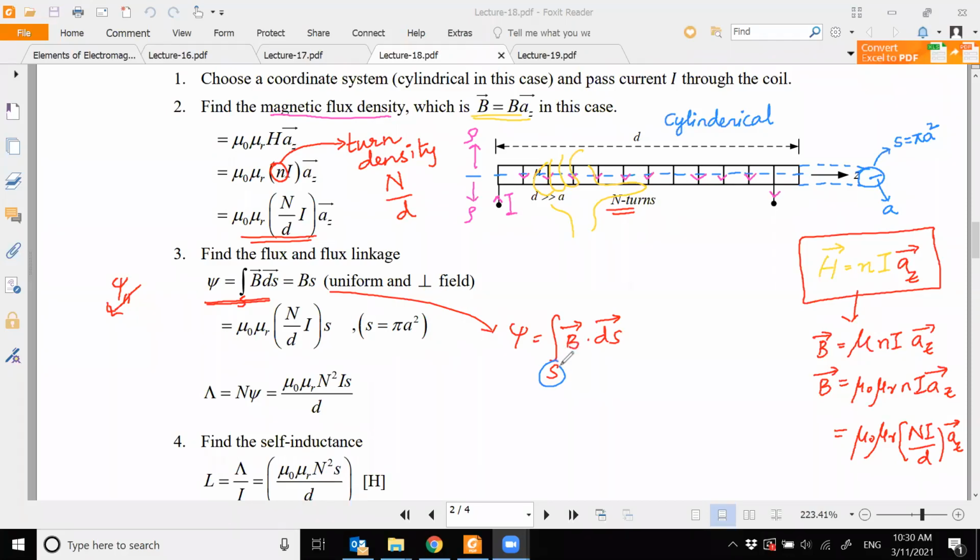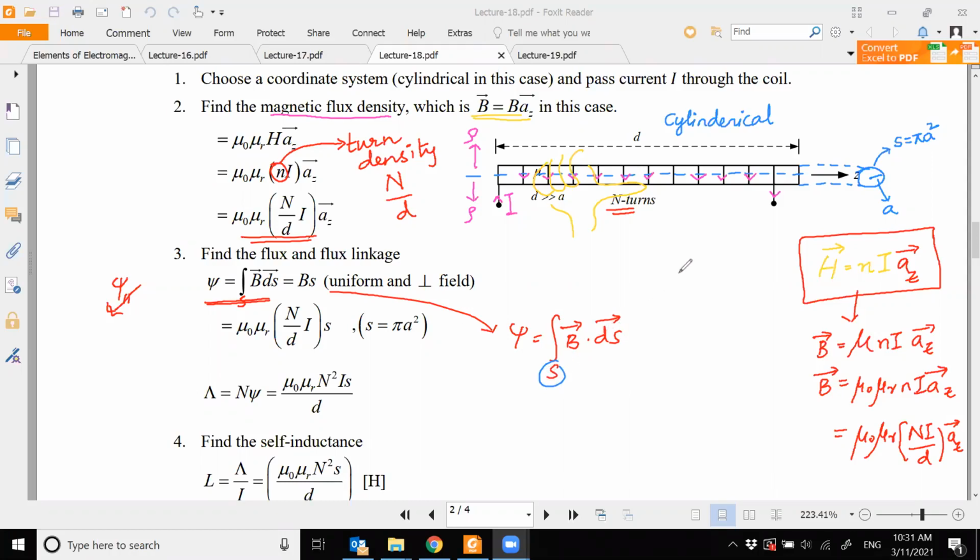Zuhair, can you tell me what is the surface? Because you see, for the flux, you need to find the flux through a surface. So which surface is it? Saif, I can hear you. So which surface is this, Zuhair?